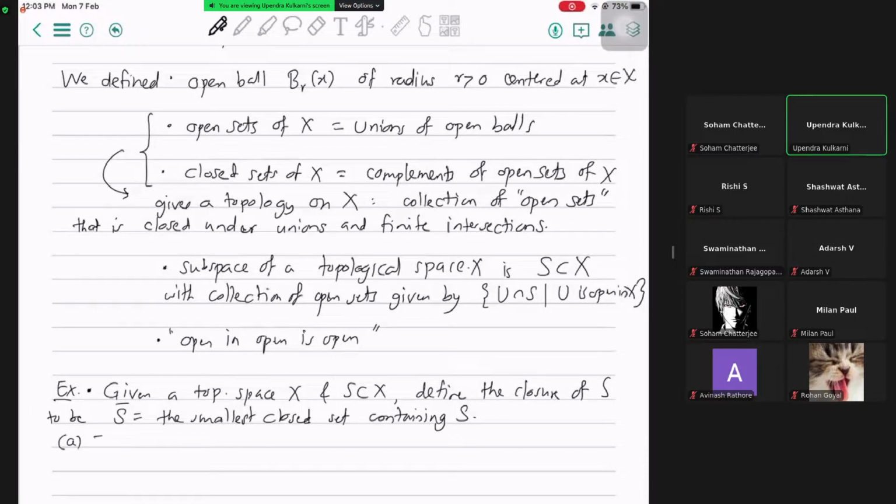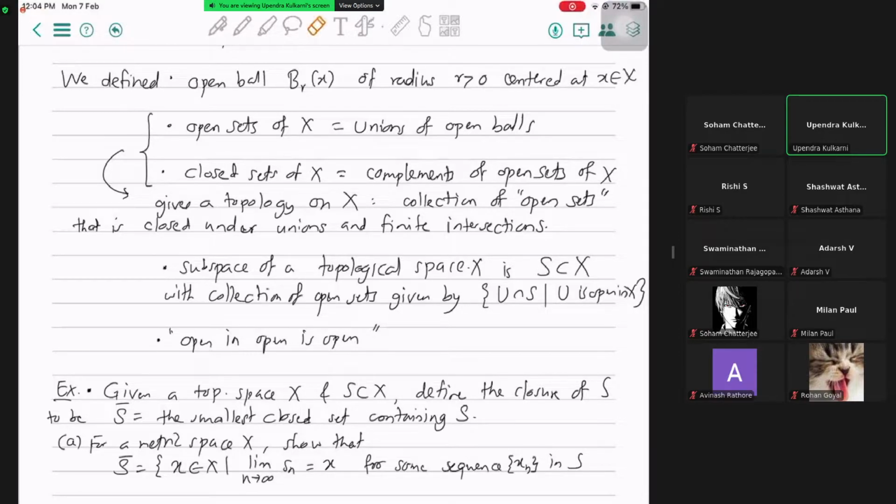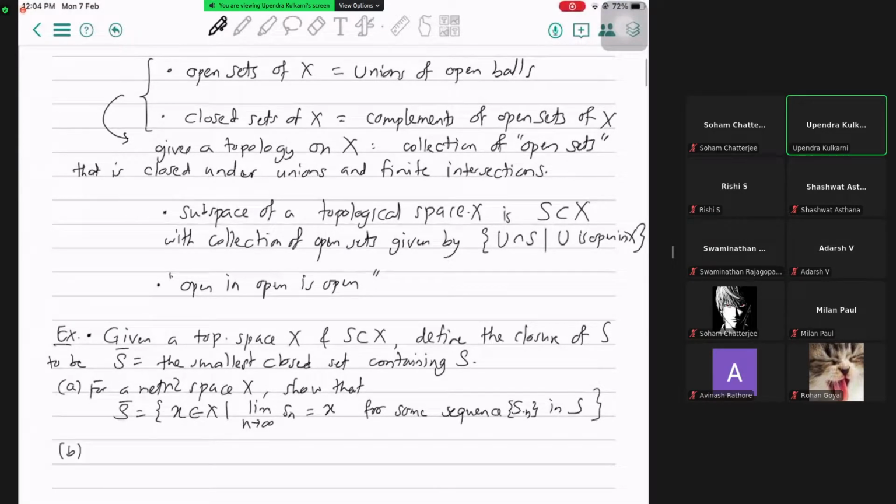A, for a metric space X. So while I'm writing the exercises, I will not make any commentary on that. So you can try to. And B.